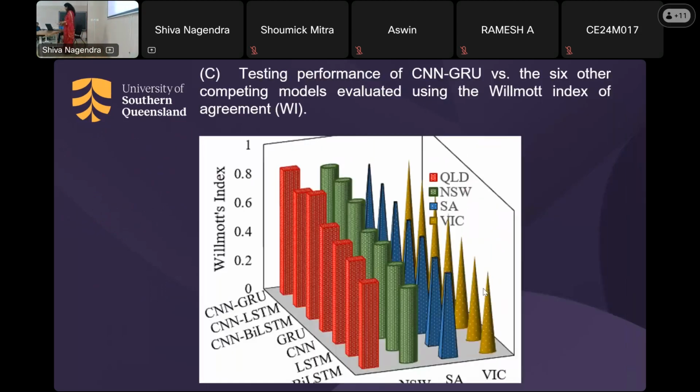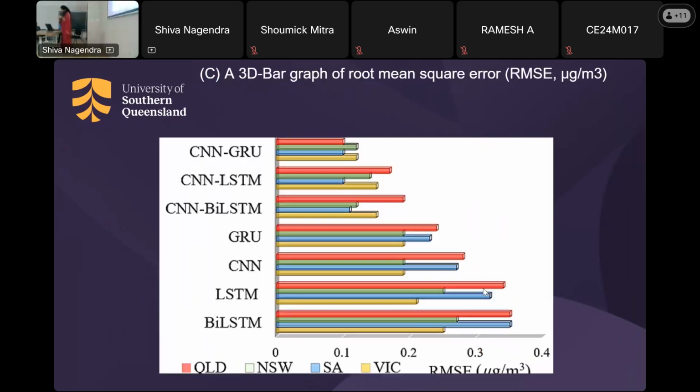The rest of the slides are just a few visual metrics. For some reason, they are not coming proper here, but I can see they're okay here. Anyway, these depict the testing performance of the main model compared to the rest of the models. Again, a 3D bar graph of the root mean square. You'll see that it's temporal data.